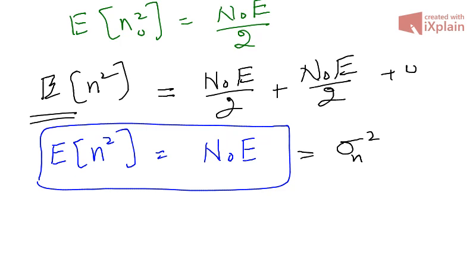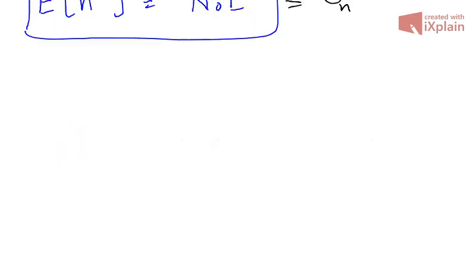Now, if you go back to the expression of the probability of error, we said that the error probability is equal to the probability that n is greater than E, right?